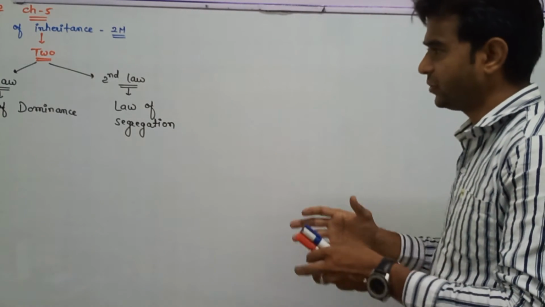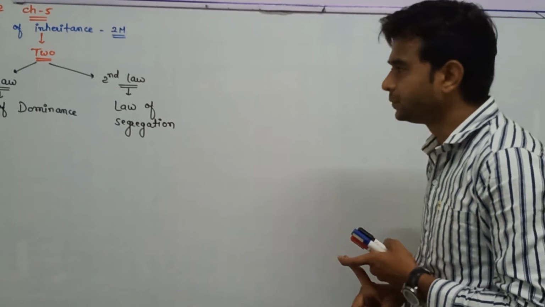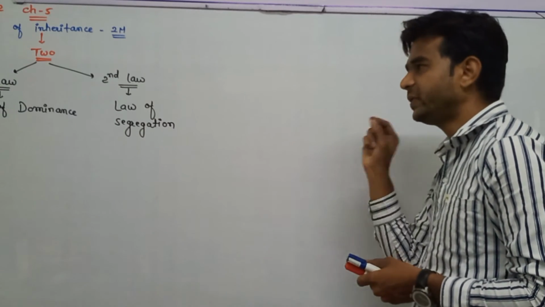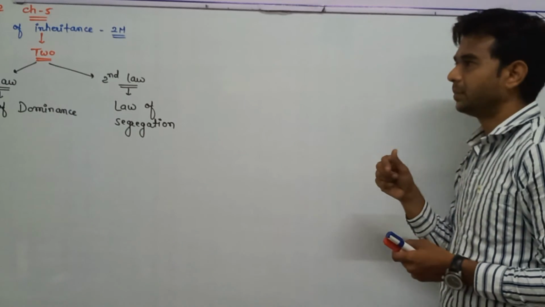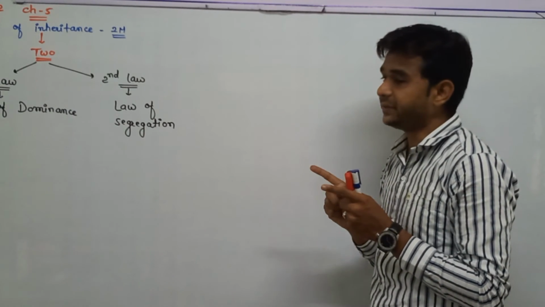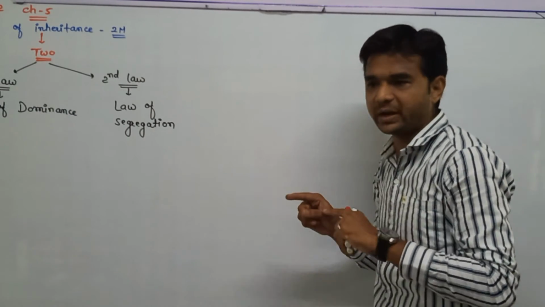Law of dominance, what do you have to write in this? You have to give the definition of what is dominant and what is recessive. So here we can write: the character which is shown by the plant is known as dominant character, and the character which is not shown by the plant is known as recessive character.